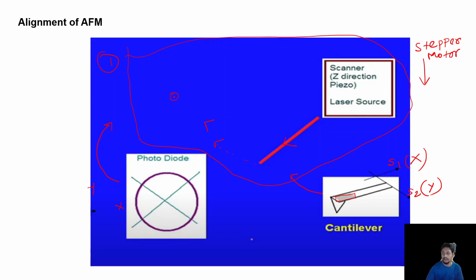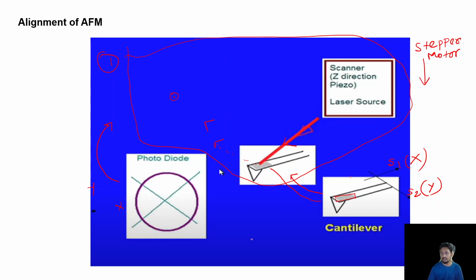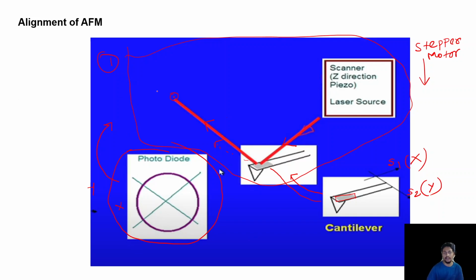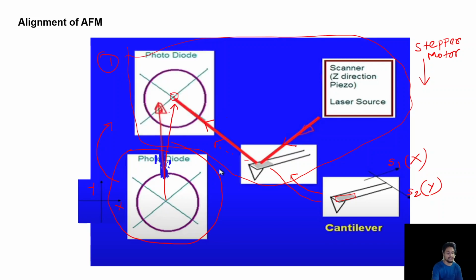The cantilever needs to be aligned such that the laser falls onto the reflecting part. This is the first step of the alignment. Then the photodiode needs to be aligned such that the reflected light falls at its position. So this is the alignment.